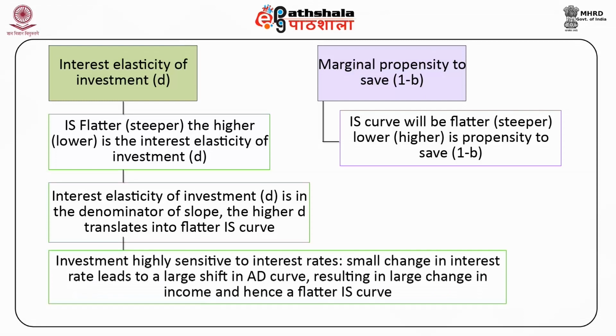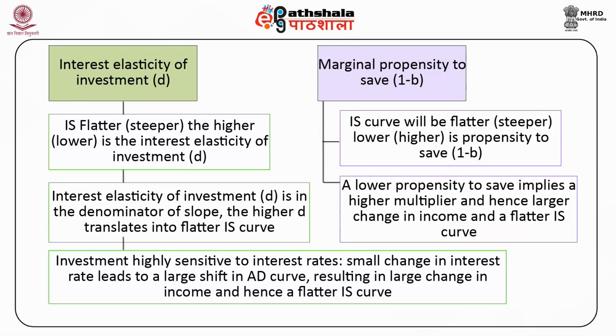Intuitively, when investment is highly sensitive to interest rates, then a small change in interest rate leads to a large shift in the AD curve, resulting in a large change in income and hence a flatter IS curve. A lower propensity to save implies a higher multiplier and hence a larger change in income and a flatter IS curve.